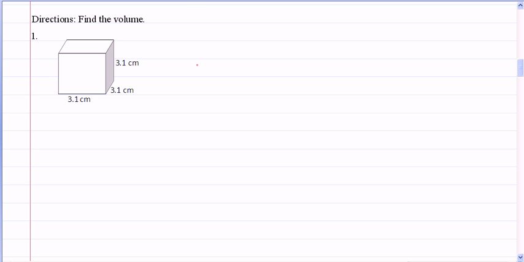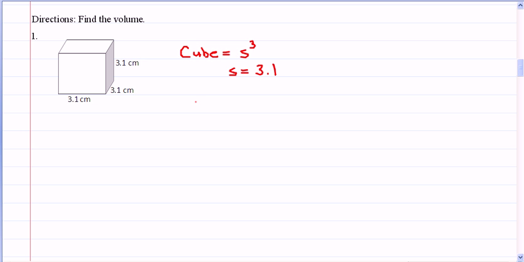So the directions are to find the volume, and for all of these problems I'm going to solve them the same way. The first thing I do is I look at the shape and I determine which figure it is. And for this one, we have a cube. And the formula for cube is s cubed. So once I determine my formula, I look at all of the variables in the formula, which in this case is just an s, and I identify s as being 3.1.